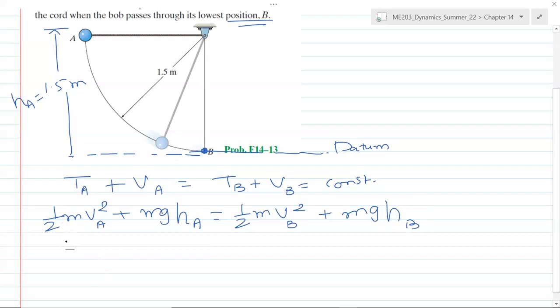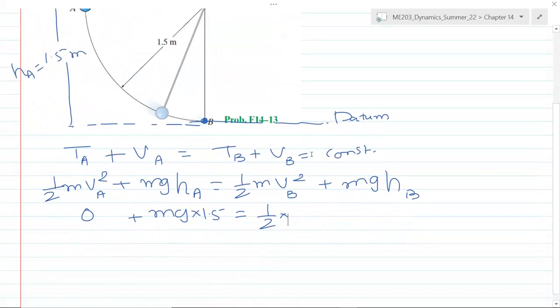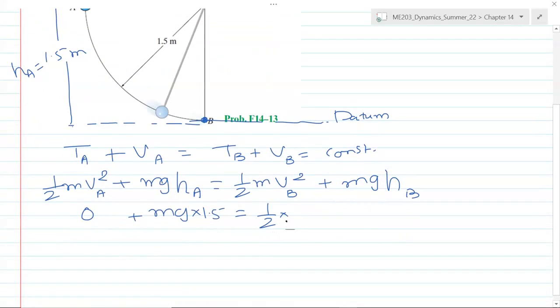Now we can substitute the numbers here. The bob is initially at rest, so its velocity at A is 0. So this is 0. mgHA, with HA equal to 1.5 meters, is equal to 1/2 m VB squared, where m is 2 kilograms.